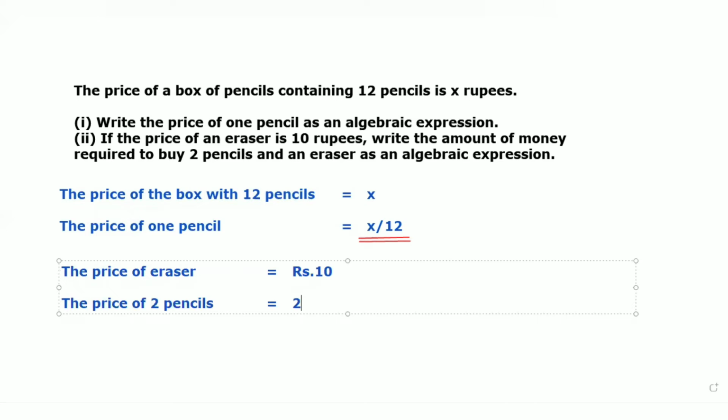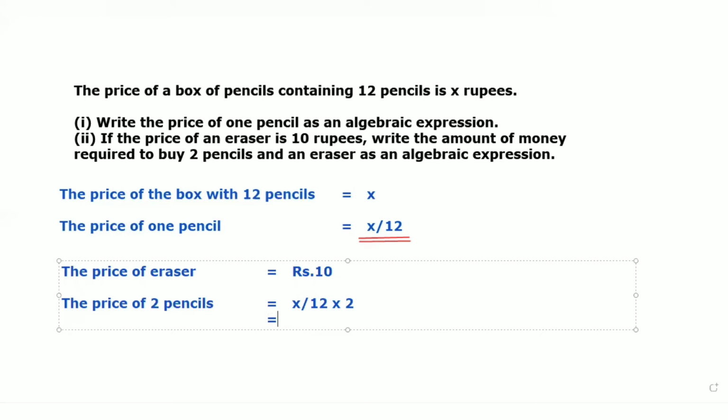So in order to find the price of 2 pencils, if the price of one is X divided by 12, to find the price of two we have to multiply this by 2, right? So it will be 2x.